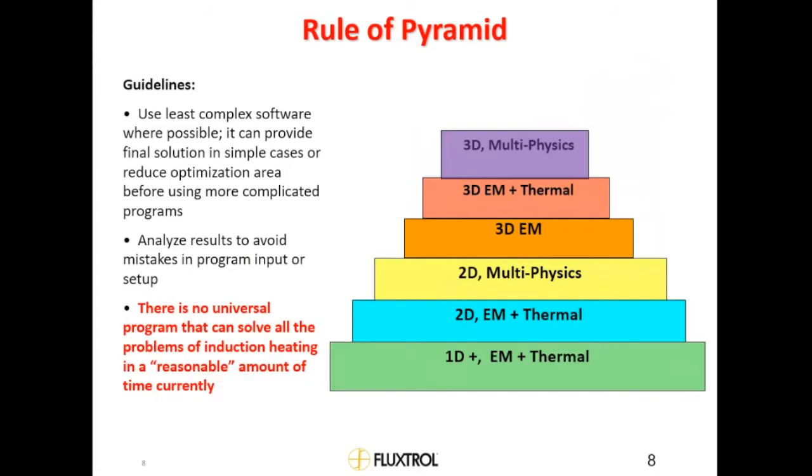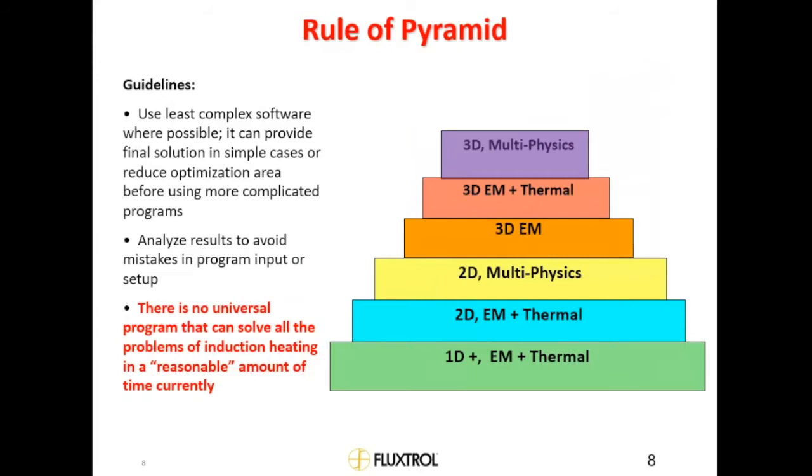my mentor, Professor Valentin Nemkov, proposed the rule of the pyramid, which basically says use more simple software to make your initial calculations, and you slowly then take that knowledge and build each step so that you have to do fewer calculations with the more complicated and time-consuming software.